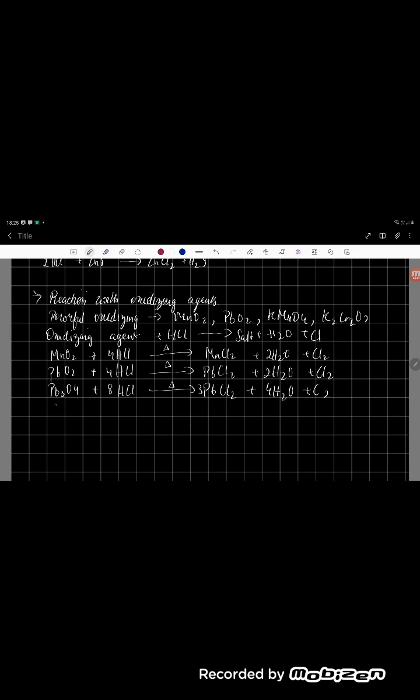The next one is KMnO4, this is capital M. 2KMnO4 plus 16HCl on heat will give you 2KCl plus 2MnCl2 plus 8H2O plus 5Cl2.